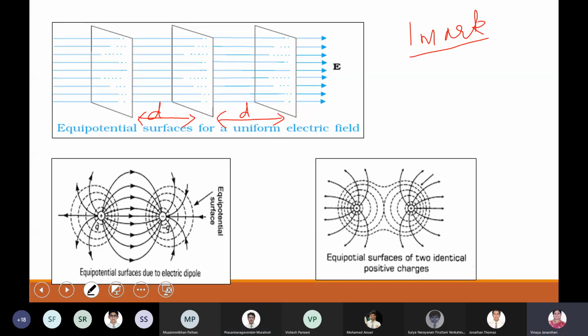Shall I move on, boys? Ma'am, we will have to draw this, right? This you have to take as homework, boys. Just write the heading. Yes, you need to write. Equipotential surfaces due to an electric dipole. Equipotential surfaces for 2 identical positive charges.